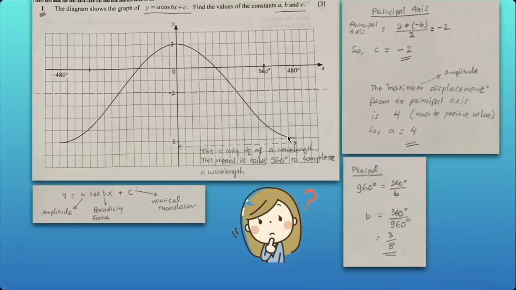So this is one full cycle, which is equal to 960. So the period 960 is equal to 360 divided by B. This is what we're after. Therefore, B is equal to 360 degrees over 960 degrees, which is equal to 3/8.